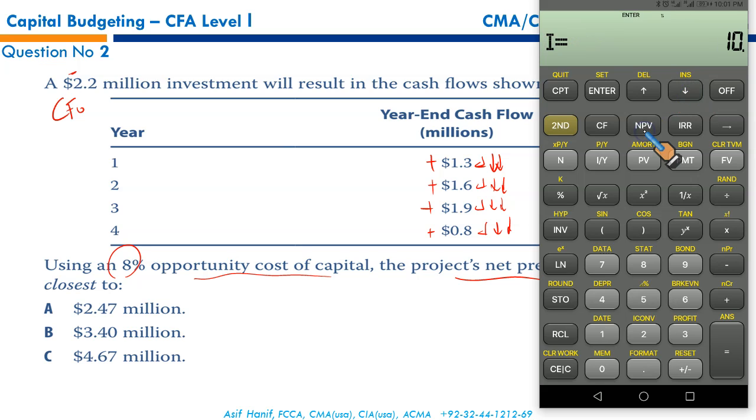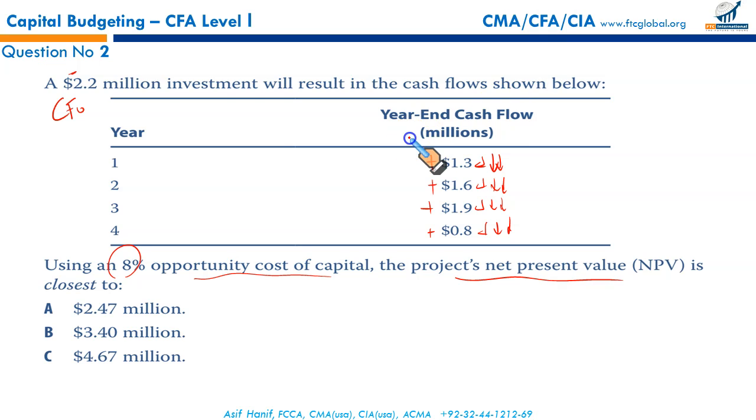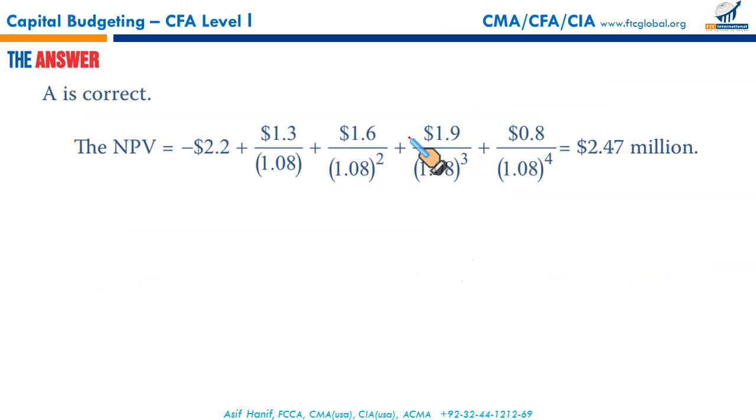Simply press NPV. The system will require the discount rate. 8, enter, down arrow key, CPT. It's 2.47 million. So that makes A the correct option, and as you can see, A it is.